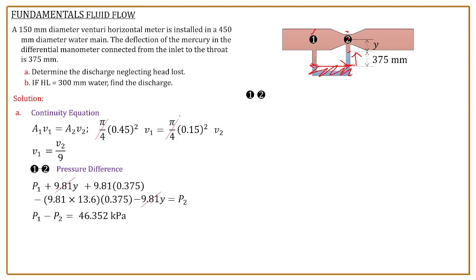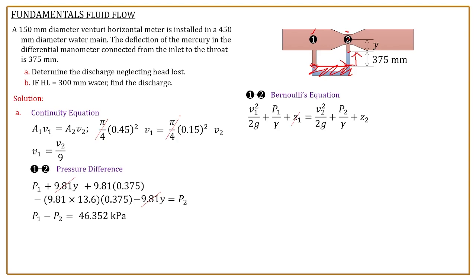Para saan ba yung pressure 1 minus pressure 2 na yan, and then nakuha natin velocity 1. So, from 1 to 2, by Bernoulli's equation, energy 1 equals energy 2. We have velocity head nung una, plus pressure head nung una, plus elevation head nung una, equals sa velocity head nung pangalawa, plus pressure head nung pangalawa, plus elevation head.